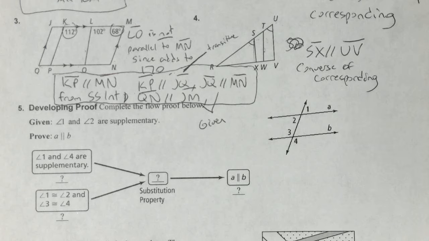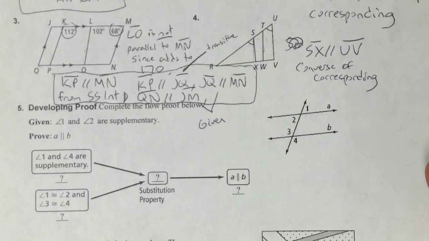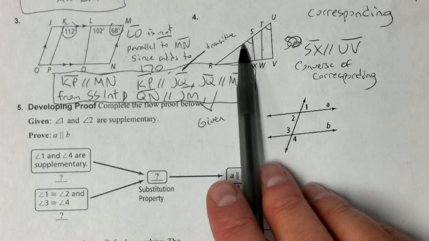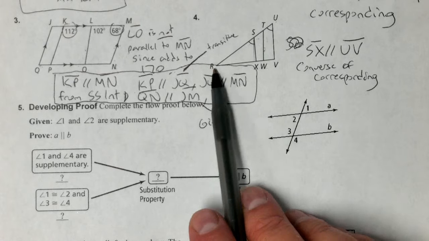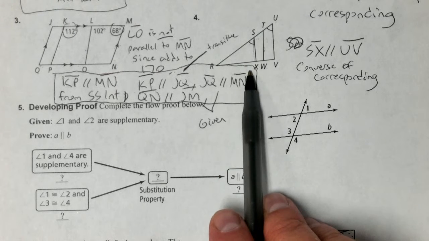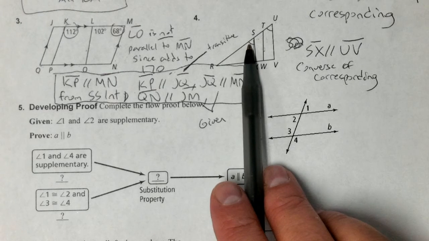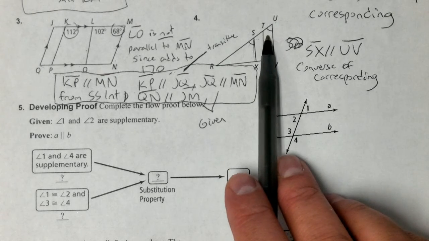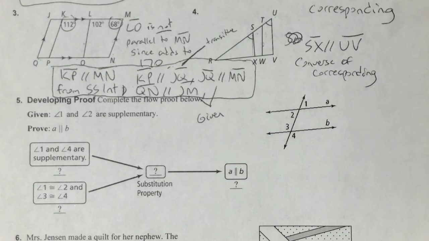Remember, corresponding are the most popular angles because there's so many different pairs of corresponding. Remember, it's one exterior and one interior. So in this case, the S angle over here, which we'd really call RSX, is exterior, and RUV would be interior. So that's how you can look at it.